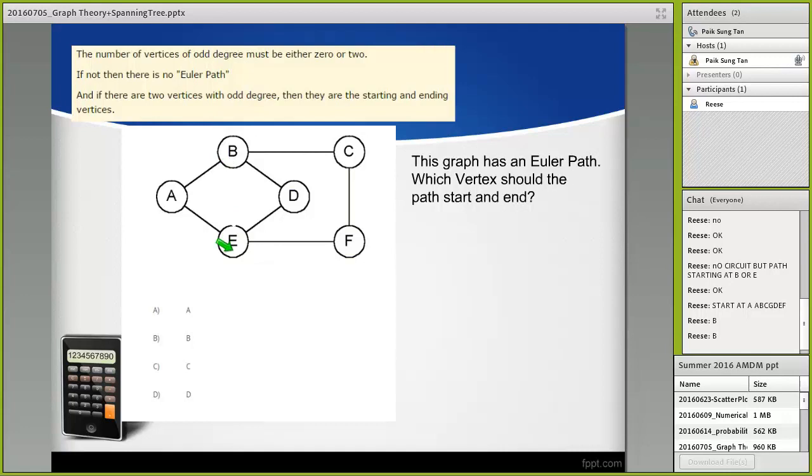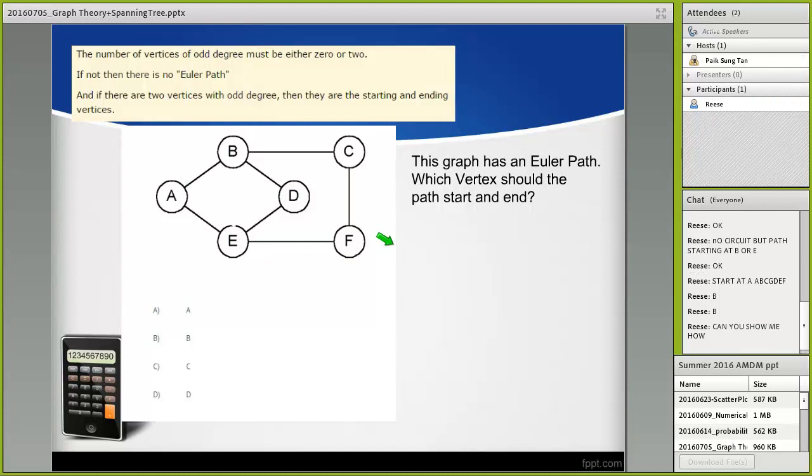So if you start at B, end at E. Start at E, end at B. Question? Yes.